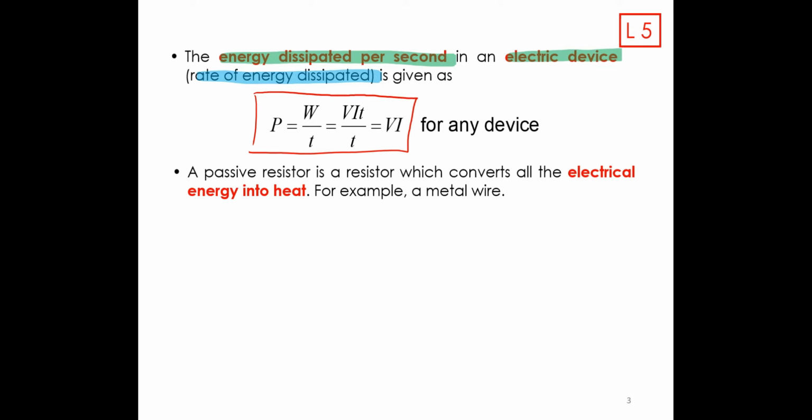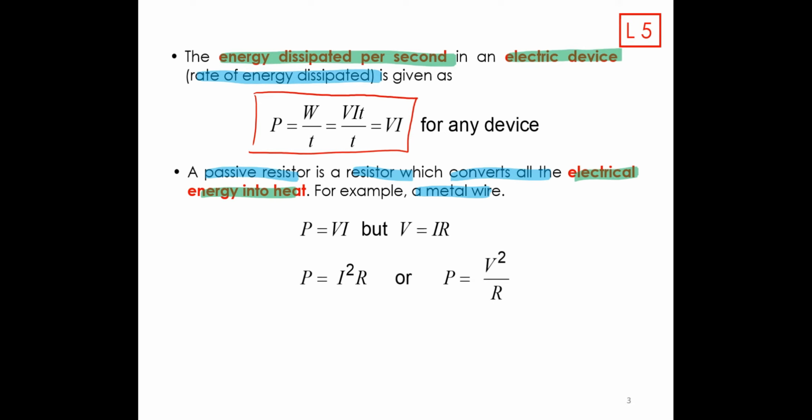Let's say we have a passive resistor, which is a resistor that converts all the electrical energy into heat. That's what we call a passive resistor, for example a metal wire.